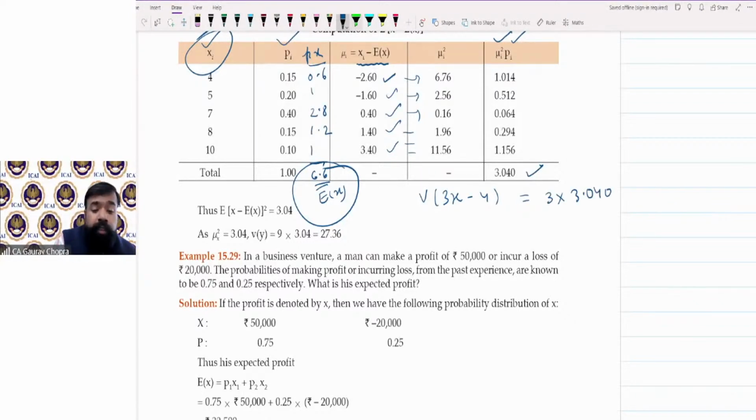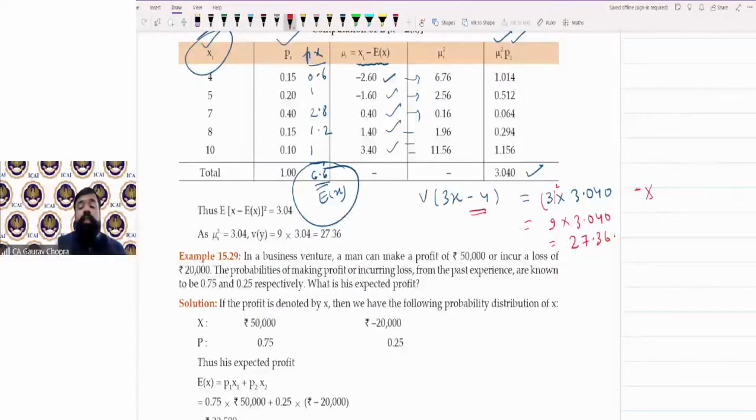Now, since minus 4 is there, minus 4 means change of origin, so it will not affect the variance. Therefore, we will not do the subtraction of 4. We will only do 3 multiplied by 3.04. And since it is variance, we have to square the 3 and then multiply. So we will be multiplying 9 with 3.04, and the final answer will be 27.36.